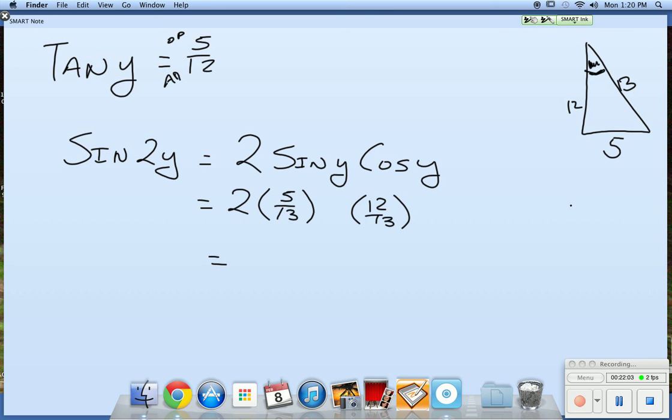Multiply 2 times 5 is 10 times 12 is 120. 13 times 13 is 169. There is your answer. That's how we figured out the answer.